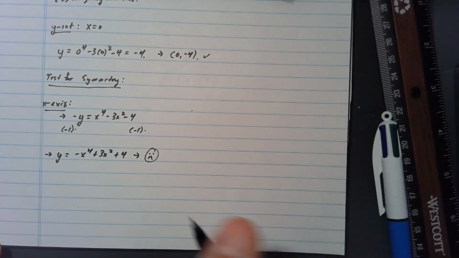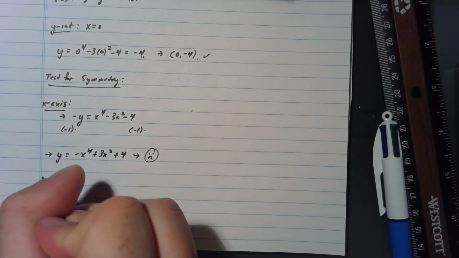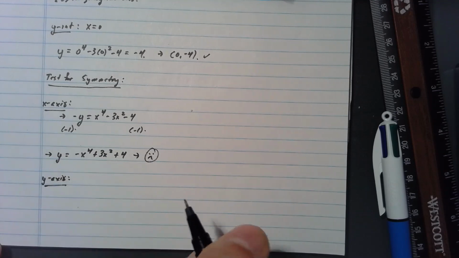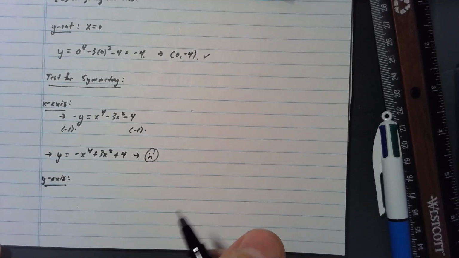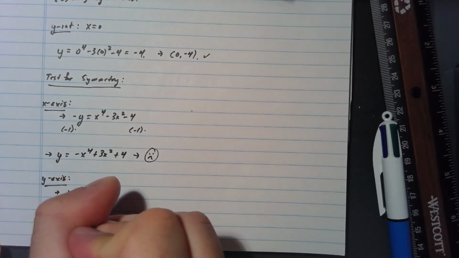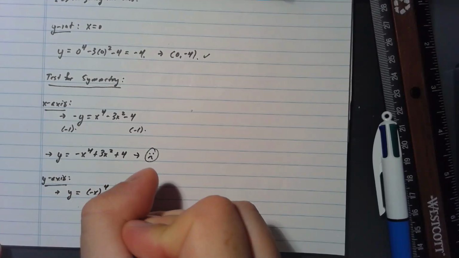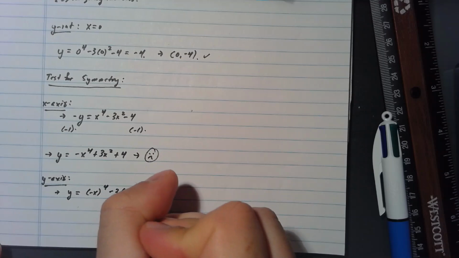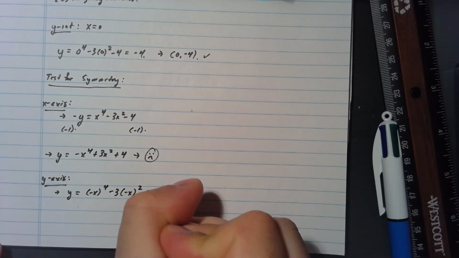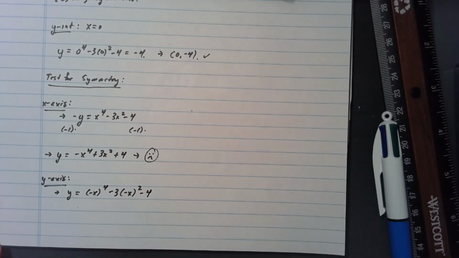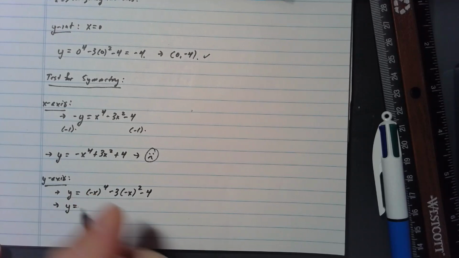All right, let's do y-axis symmetry. So that means you replace x with negative x. So when you do that, you're going to get y equals negative x to the fourth minus 3 times negative x squared minus 4. So negative x to the fourth power, this is an even power, so the negative becomes positive.